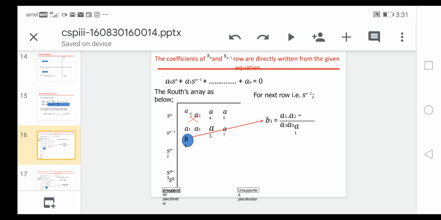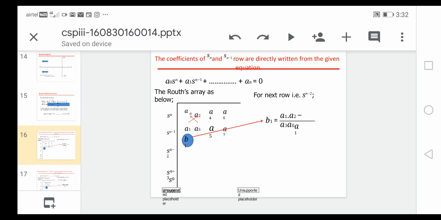In this characteristic equation, first you write down the even coefficients of S power n, and then in the second row you write down the odd coefficients. That means the even coefficients are a0, a2, a4, a6, and in the second row you get the odd coefficients a1, a3, a5, a7.